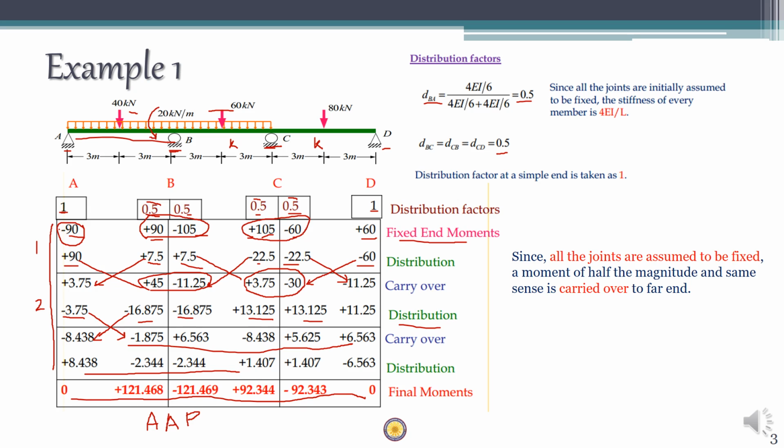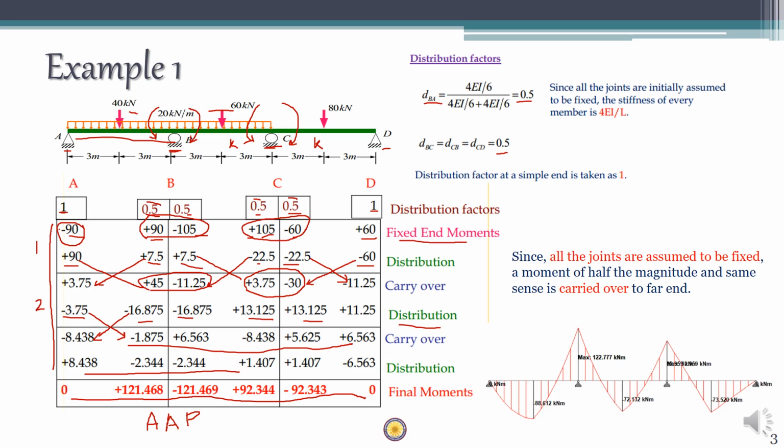Minus 121 means it is a clockwise active moment. Plus 92 means this is anti-clockwise, and minus 92 means it is clockwise. Okay. With this help, you can find out all the reactions and also draw the bending moment diagram for this particular case.